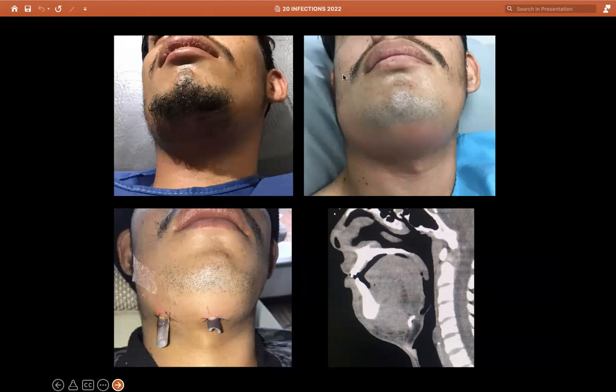Now, something important to see is where the inflammation is, and we need to make sure this is being preserved so we are not at risk of that closing and the patient having difficulty breathing. He already had some difficulty swallowing, but we helped him out and he's a lot better now. So we gave him antibiotics, we opened up, cleaned the wound, and took the tooth out as well.